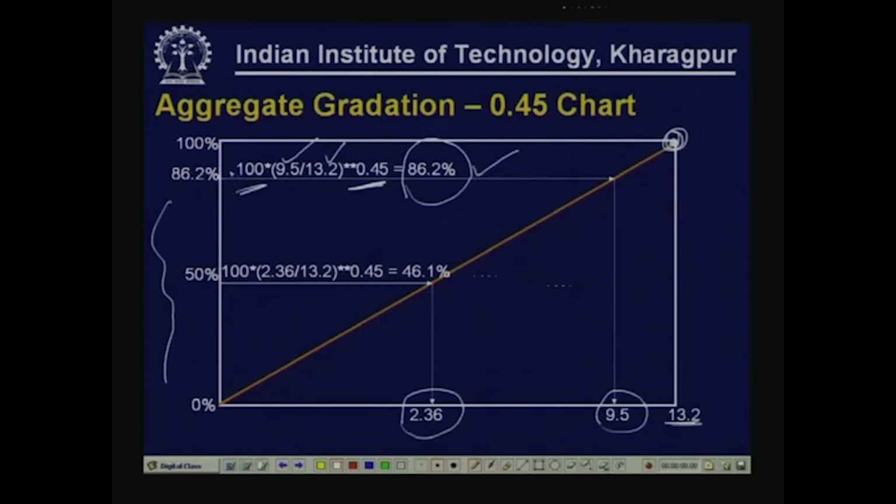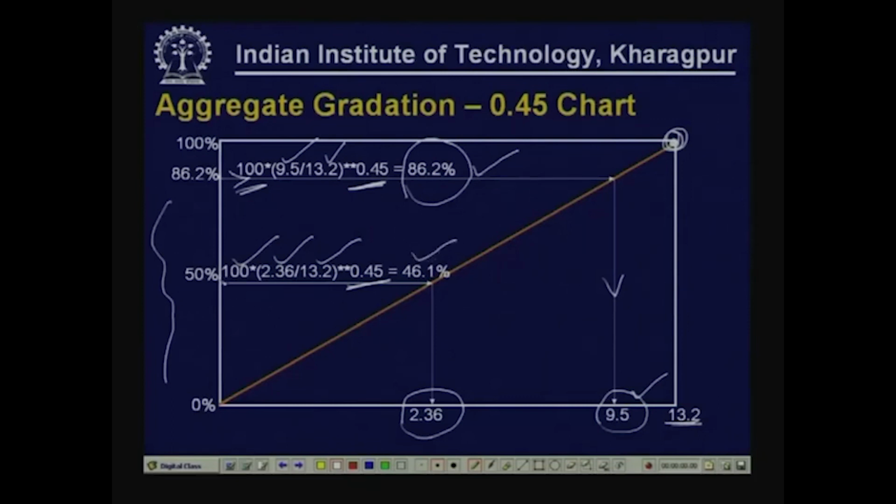So, we will identify 86.2% on the y axis and then come down onto the x axis, this is 9.5 millimeters. Similarly, I am trying to identify 2.36 on the x axis. For 2.36, the percentage passing should be (2.36 by 13.2) to the power 0.45 multiplied by 100, that is 46.1.